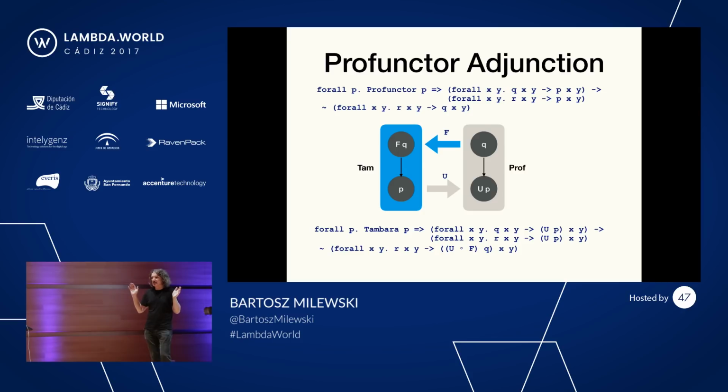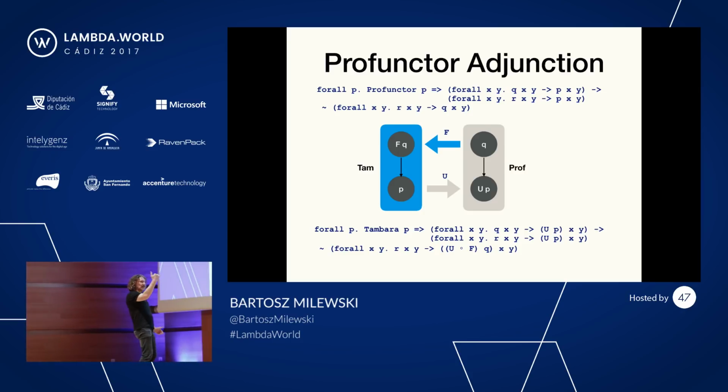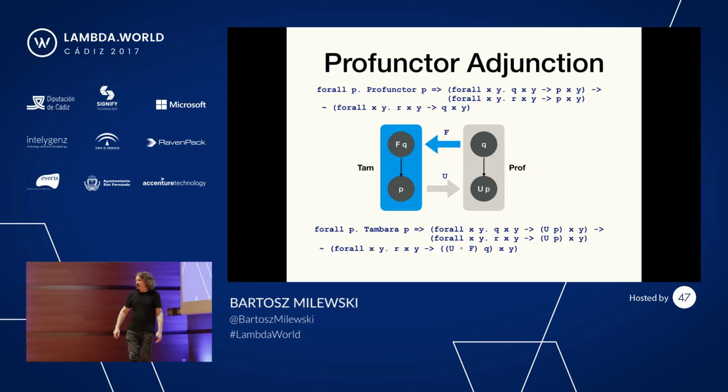I'm just forgetting about this property, nothing else. But there is an adjoint functor that will take any profunctor and make it a Tambara profunctor. It's called a free functor. A free functor takes something without structure and makes additional structure on top of it. Okay?